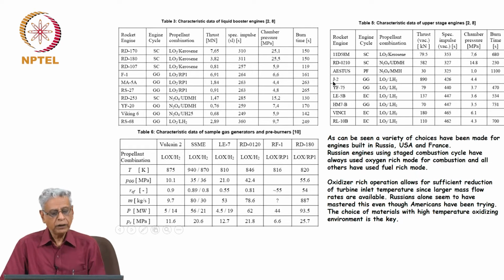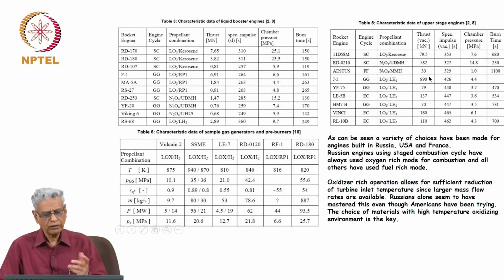You have the J2 engine which has LOX hydrogen, quite a famous engine, went in the Saturn vehicle, and vacuum thrust is 0.8 meganewtons. Very high specific impulse coming out of LOX hydrogen, as you see here. Both these are gas generator cycles.